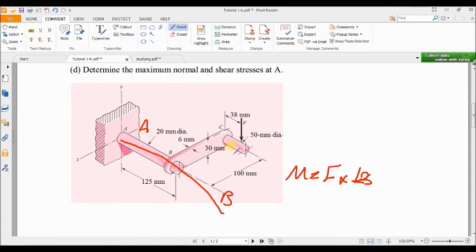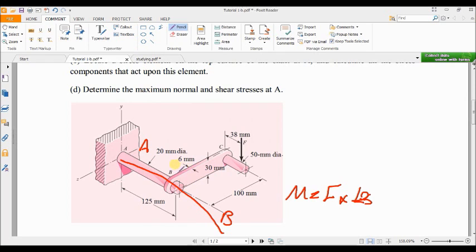And due to the presence of this load, we will have a torque which tends to rotate or twist the shaft AB around its own axis, or around axis X. And this torque is F times 100.